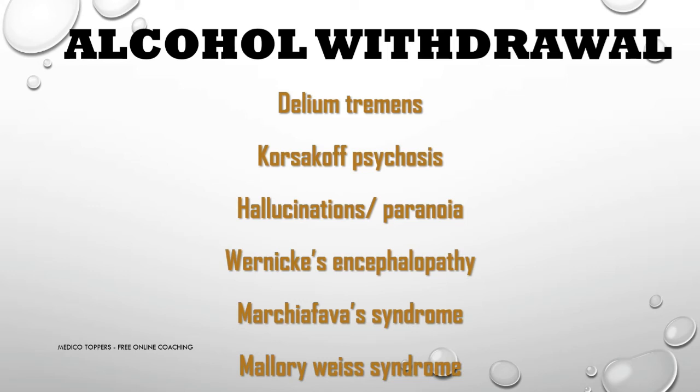In Korsakoff psychosis, they will have confabulation, amnesia, pain in extremities, loss of deep reflexes, etc. And in Wernicke's encephalopathy, because of heavy drinking, they will have vitamin B1 deficiency. That leads to confusion, ophthalmoplegia, and ataxia. This is an acute condition.